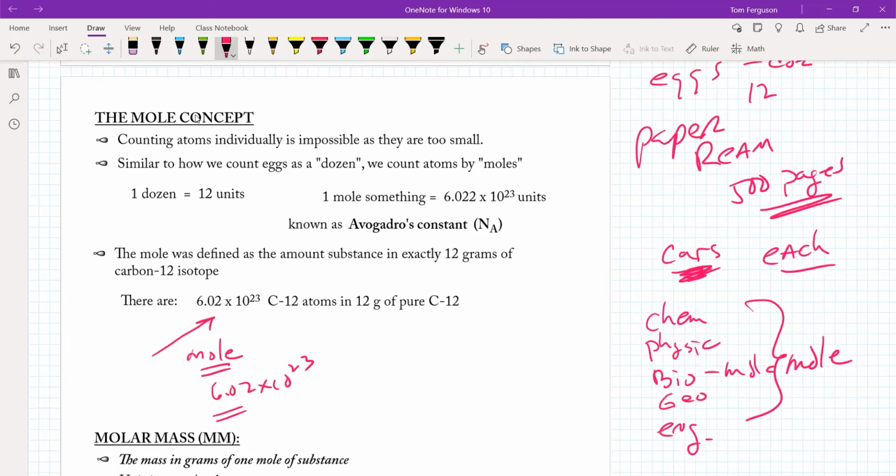By definition, we always refer to carbon isotope 12. There are 6.02 times 10 to the 23rd atoms of carbon 12 in 1 mole.